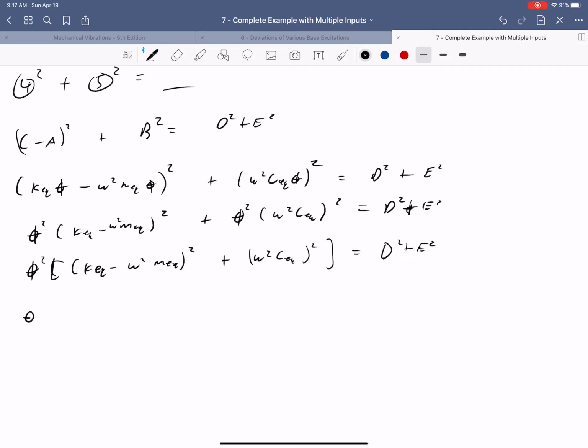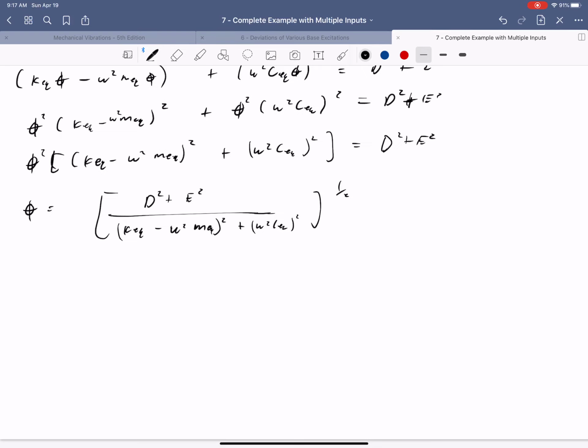And now we can solve for theta itself. That becomes d squared plus e squared divided by keq minus omega squared meq squared plus omega squared ceq squared, to the 1/2.